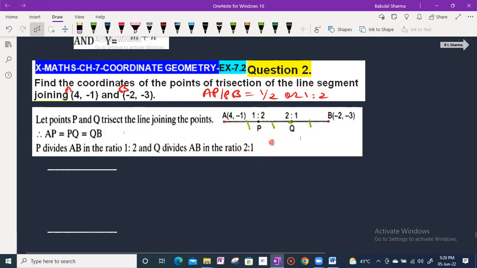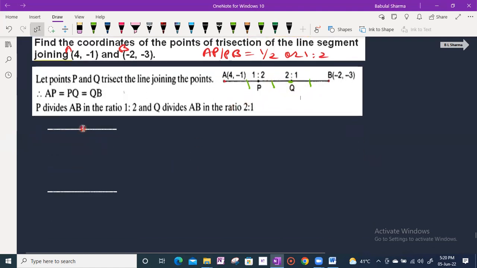देखिए, हमें किसी पॉइंट के कोऑर्डिनेट के लिए x कोऑर्डिनेट्स और y कोऑर्डिनेट्स और रेशियो चाहिए, हमारे पास ये मौजूद है. For point P, m:n is 1:2, and for point Q, m:n is 2:1.